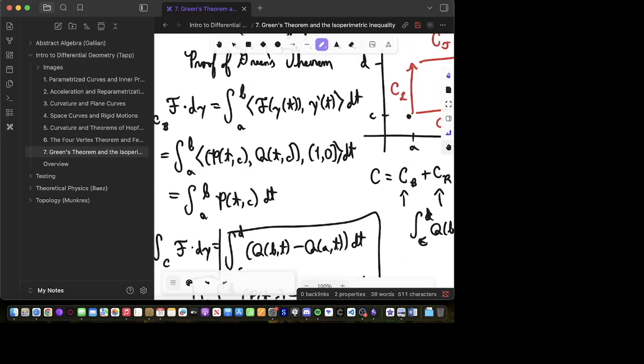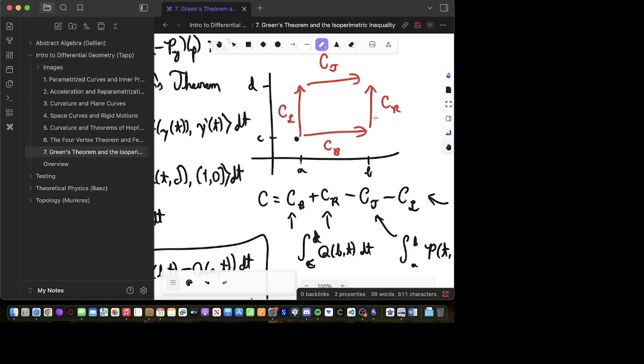And then notice that the area is essentially the rectangle.